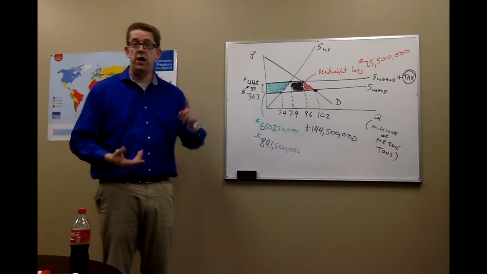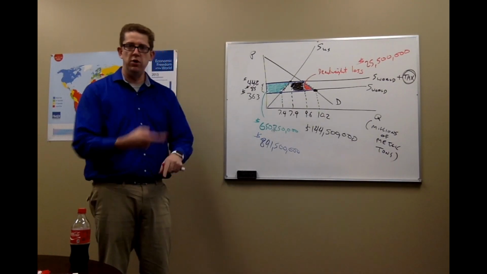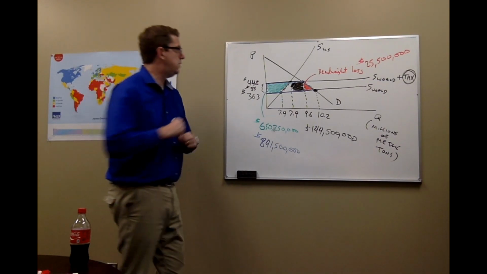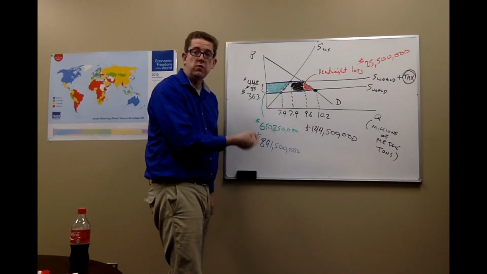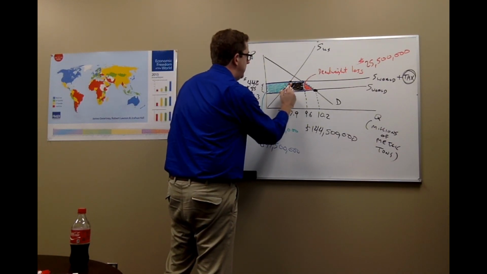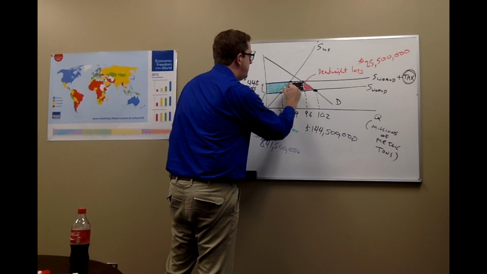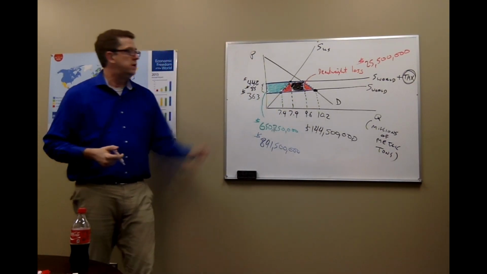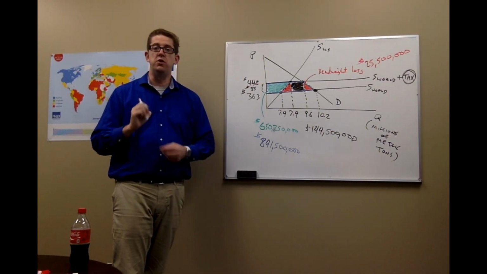Producing steel requires fuel, it requires labor, it requires capital, it requires land, it requires all sorts of things. And what the domestic supply curve tells us is that all of those resources would be better used producing anything else.